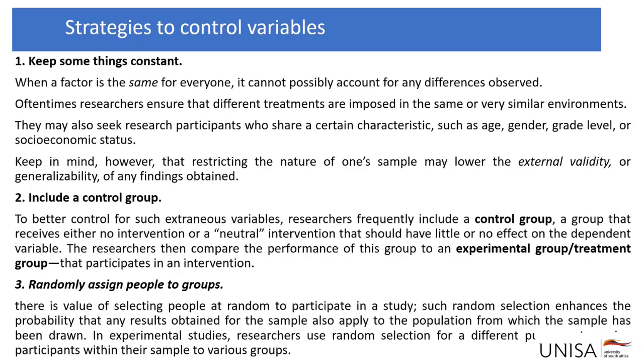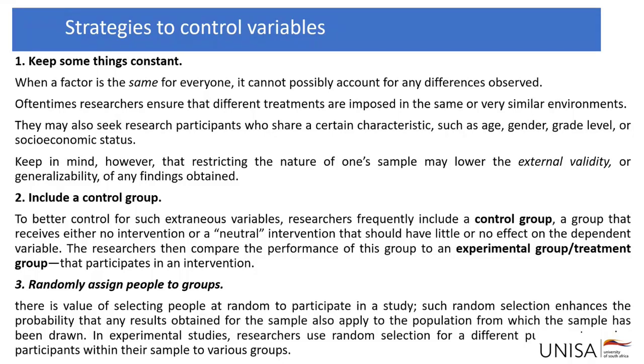Because what I thought we can do quickly in whatever time is left is just to say, in order for you to control variables, you have to keep some of these things very constant. Because if you're dealing with something that is constant, such as, for instance, age, gender, grade level, or socioeconomic status, and things are not changing all the time, you're more likely to improve on your validity.